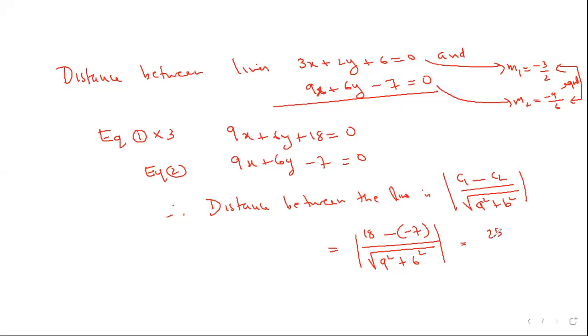That is 25 upon root of 81 plus 36. So 25 upon, how much is that? 117, correct? Units.